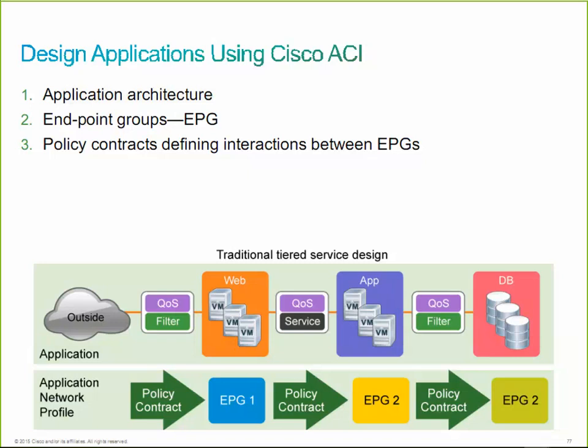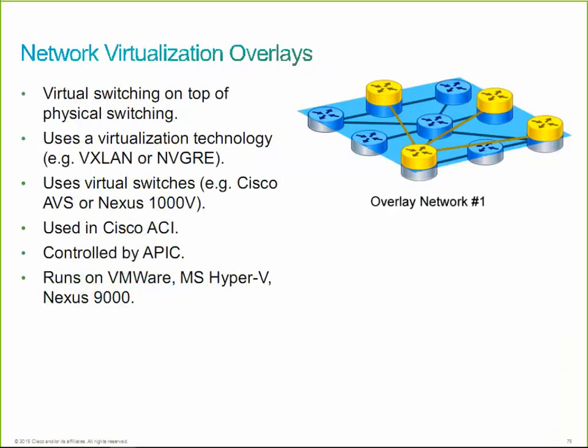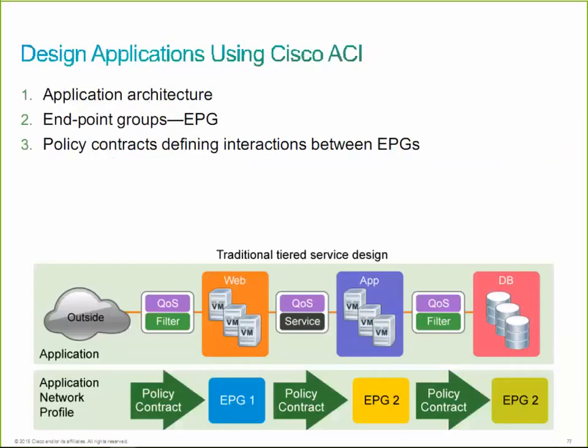And then we use those EPGs to define where policies get applied. So within the ACI Fabric, the policies are always defined between the EPGs. By defining those policies, we're defining how EPGs communicate with one another.